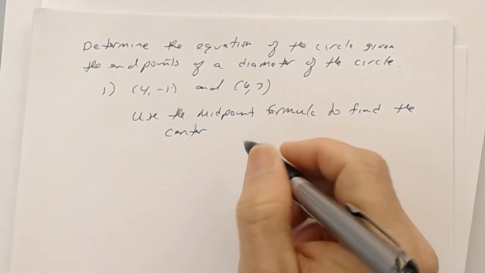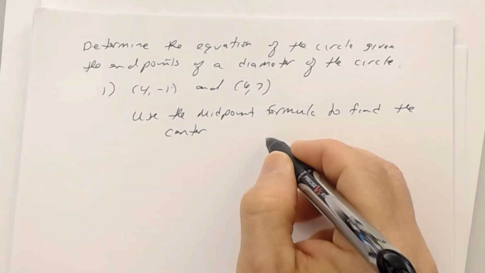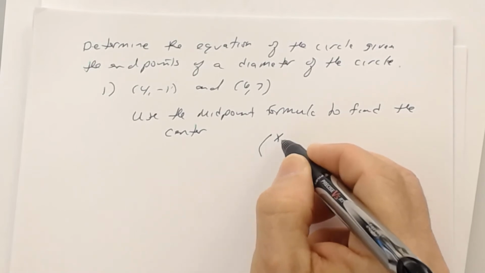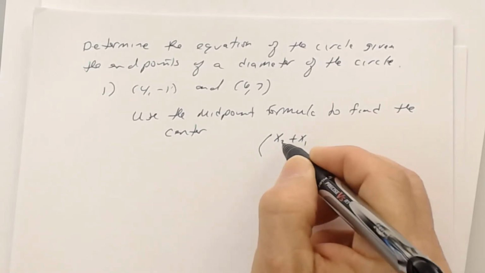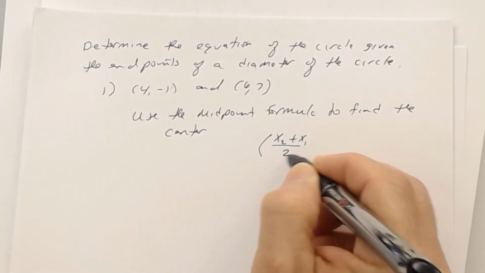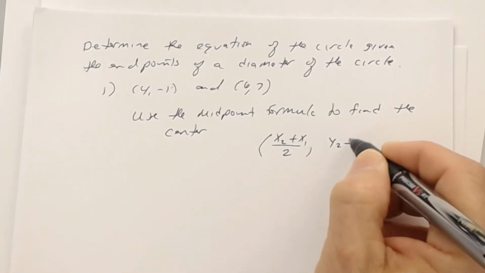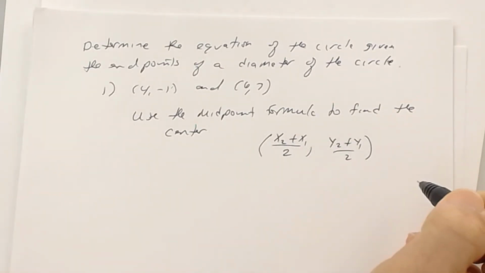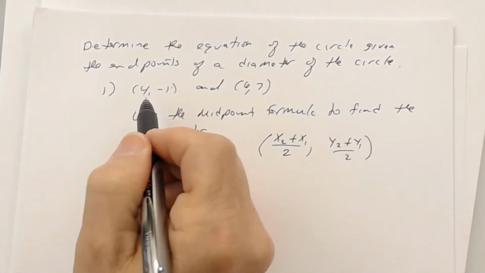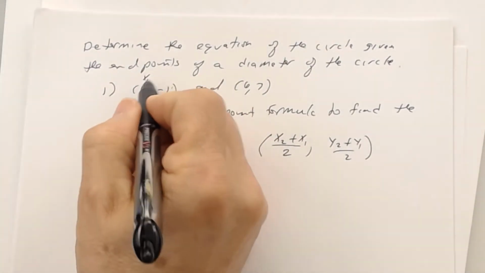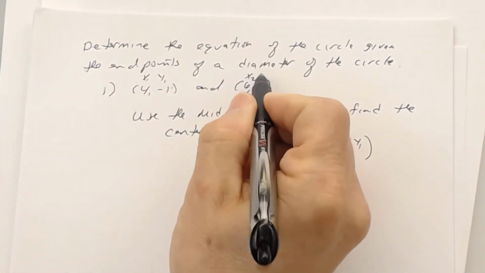And remember, what is the midpoint formula? You add your x's together and divide by 2, and you add your y's together and then divide by 2. And again, it helps if you label these. Let's call this x1, y1, and this will be x2, y2.